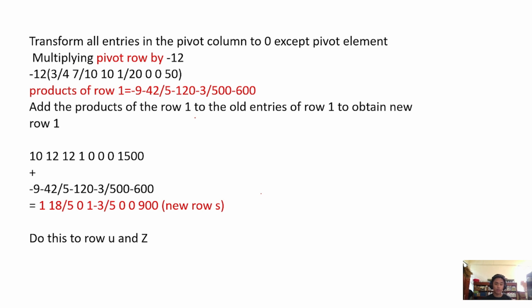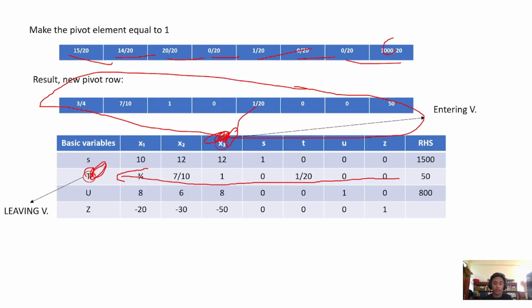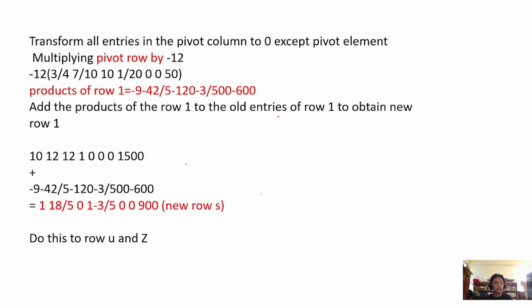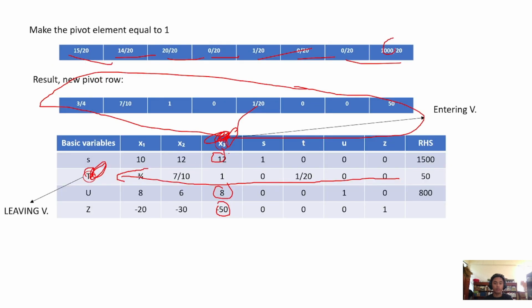Transfer all integers in a pivot column to 0 except pivot element. Gagawin natin itong 0, ito at ito, except sa pivot element. Multiplying pivot row by negative 12. Bakit negative 12, ma'am?